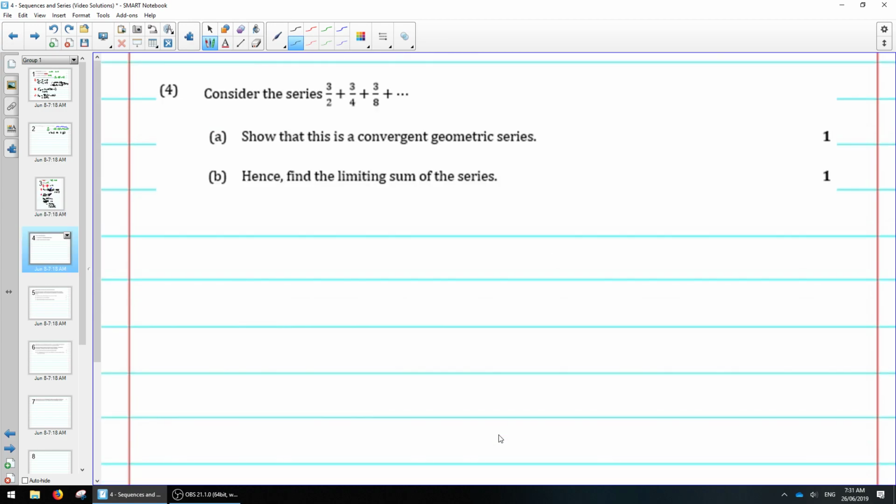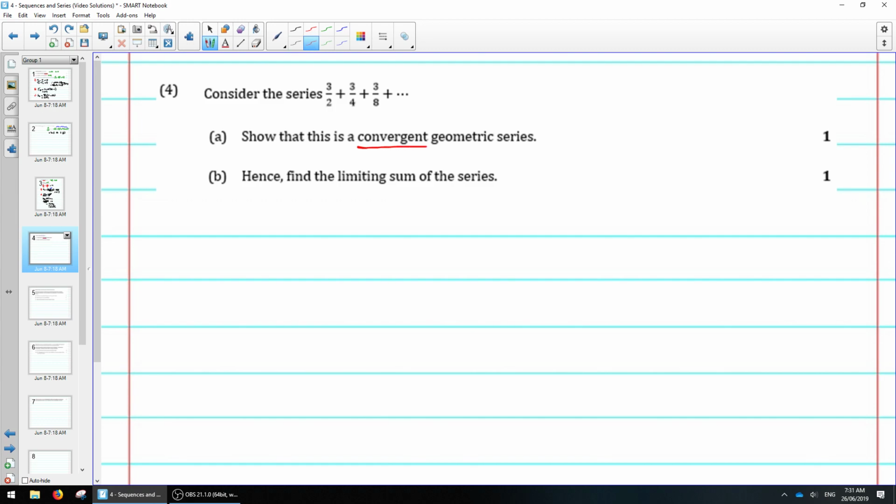So, question 4. Consider the series, and again, we haven't been told in the question just yet that it's arithmetic or geometric. Of course, part A is saying show that it's a convergent geometric series. What you need to notice here is that it's asking for 2 things.